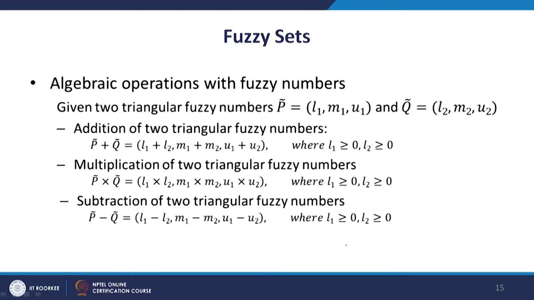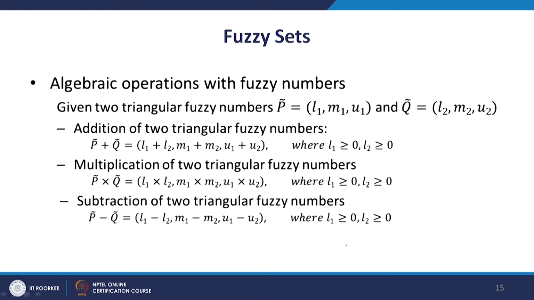That is the first algebraic operation that we are going to talk about. Addition of two triangular fuzzy numbers can be given like this: p tilde plus q tilde is L1 plus L2 as the first parameter, M1 plus M2 as the second parameter, and U1 plus U2 as the third parameter, given that L1 and L2 are both greater than or equal to 0. Then this fuzzy addition is justified.